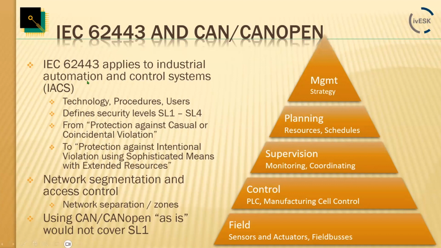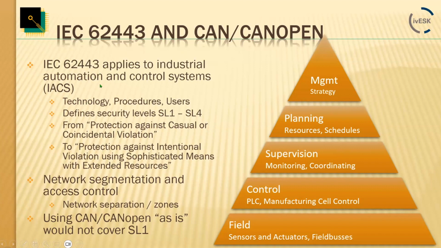In short, this applies to any industrial automation and control system. And it's defining the entire security, putting it on 3 pillars. And the 3 pillars being that security is always a combination of technology, but also procedures and users. And when we talk about safety and security in CANopen, we typically only talk about the technology.